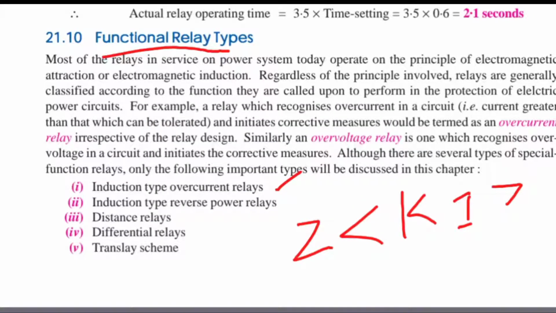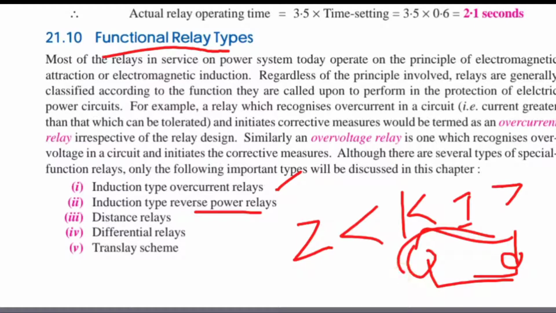Induction type reverse power relays operate when the power goes in reverse. If any fault occurs, the power may flow from load to source instead of source to load. If any reverse power happens, the reverse power relay operates.